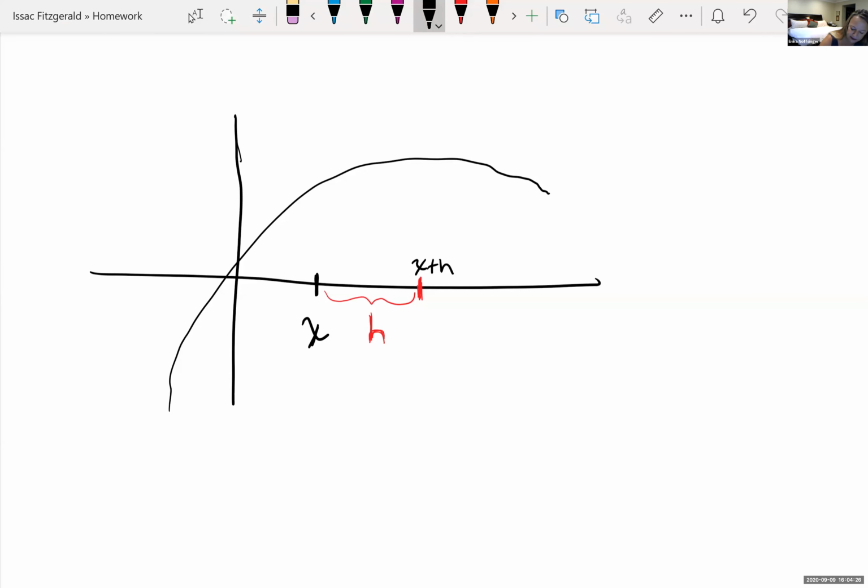This x length plus this h gives me this x value. Okay, so this value right here would be f of x. This value right here is f of x plus h.